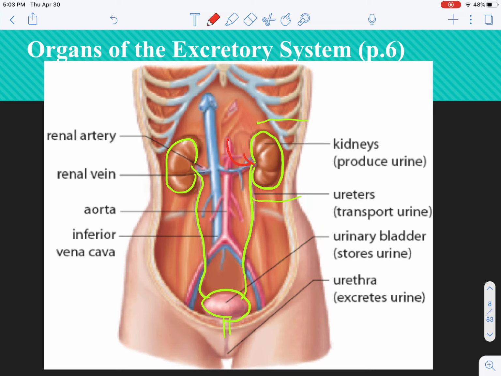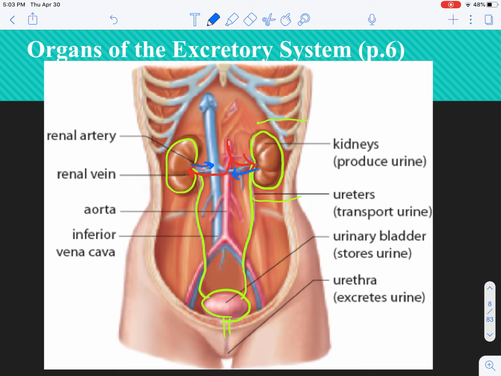And the major blood supply that flows into the kidneys is your renal arteries, which branch off of your heart, and the blood will flow into your kidney with high pressure.